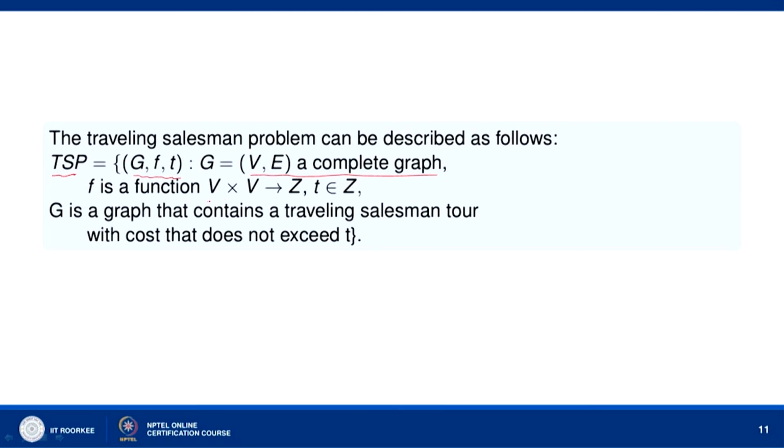F is a function from B cross B into Z, where B cross B means ordered pairs of vertices of B. And T belongs to Z. G is a graph that contains a travelling salesman tour with cost not exceeding T.